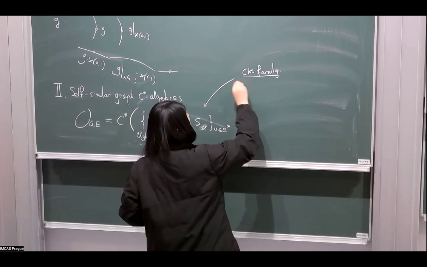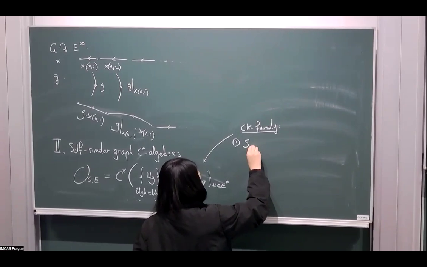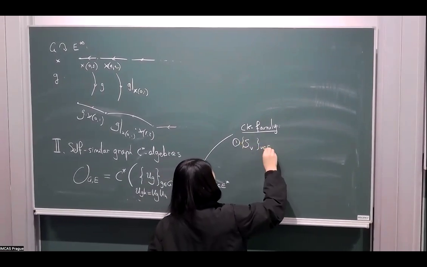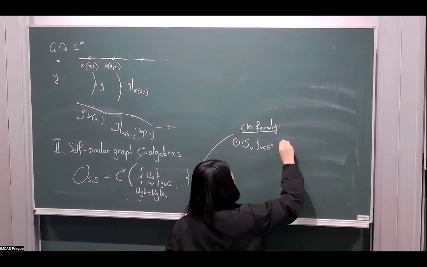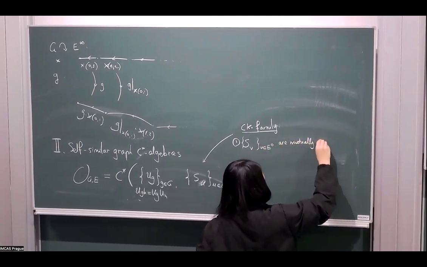So it means that the partial isometries corresponding to vertices are mutually orthogonal projections.